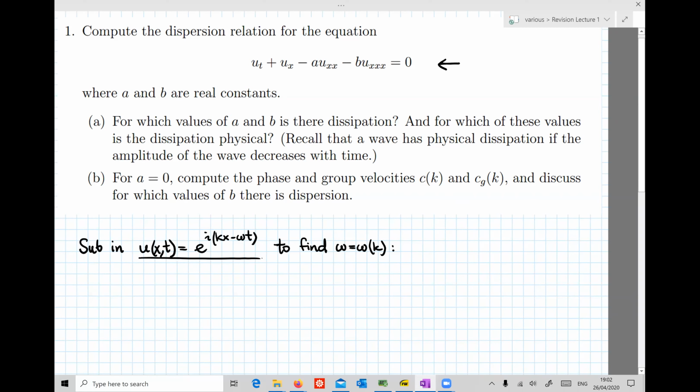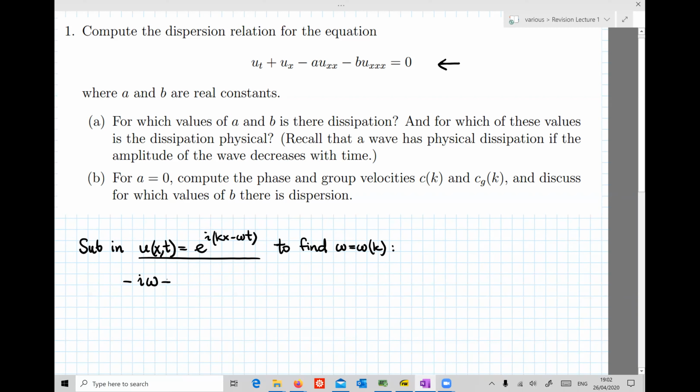When I substitute, every time we take a derivative of the exponential, we get the exponential times the derivative of the exponent. So each of the 4 terms will have an exponential factor that I will not write. I will just write the derivatives of the exponent. So u_t means the derivative with respect to time, so we get minus i omega.